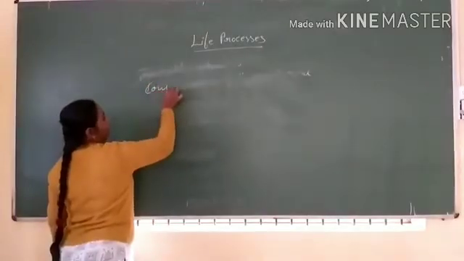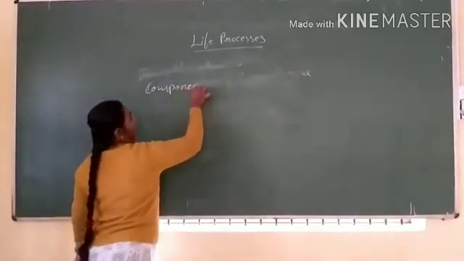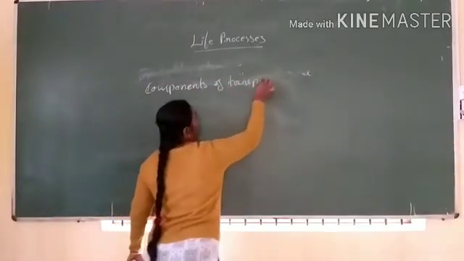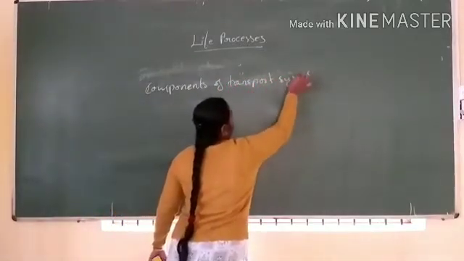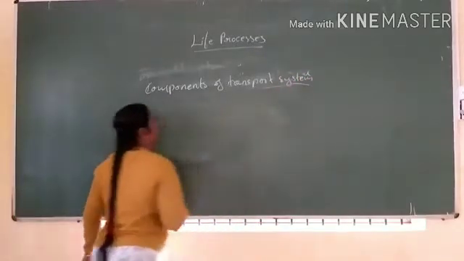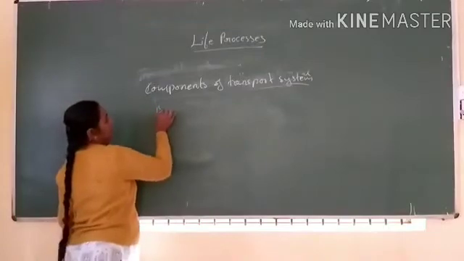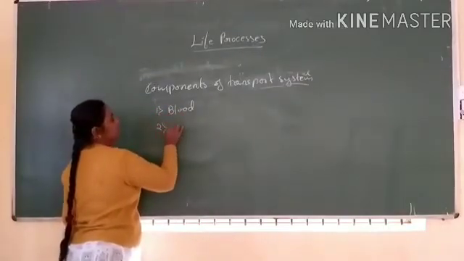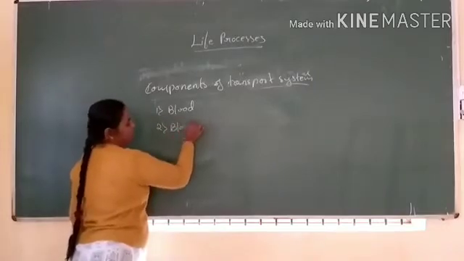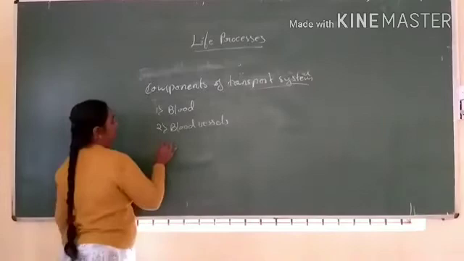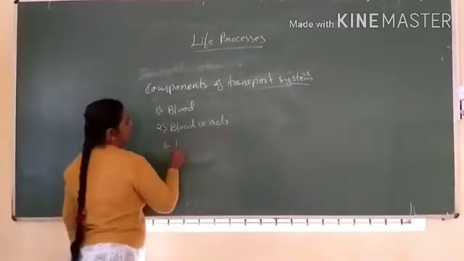Components of transport system. It contains three components. The one is blood, second one is blood vessels, and the third one is the heart.